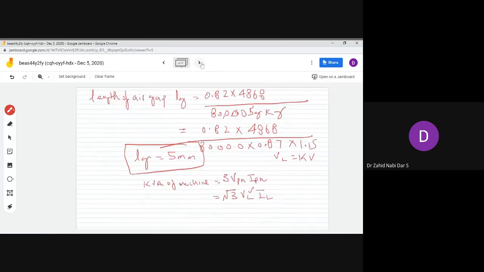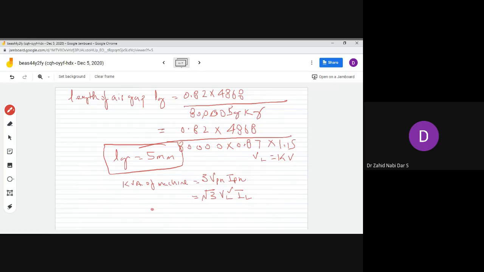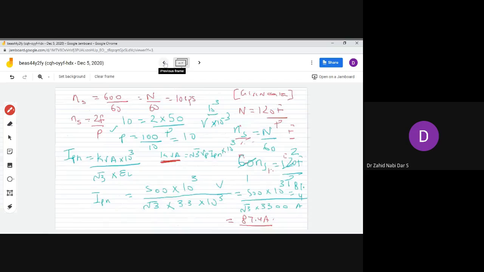So when I'm writing this root 3, I'm expressing this in terms of volts and amperes. So 500 kVA is equal to root 3 V line I line into 10 power 3. If you're getting any doubt, see here.